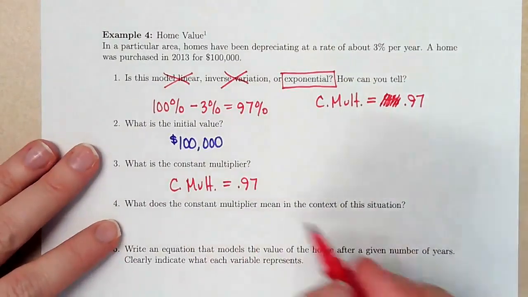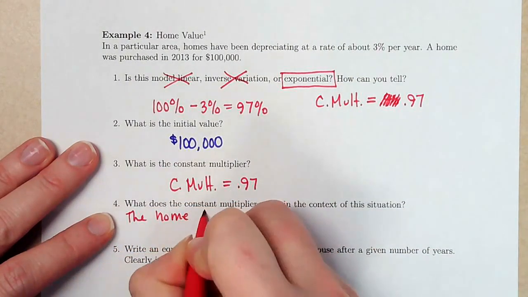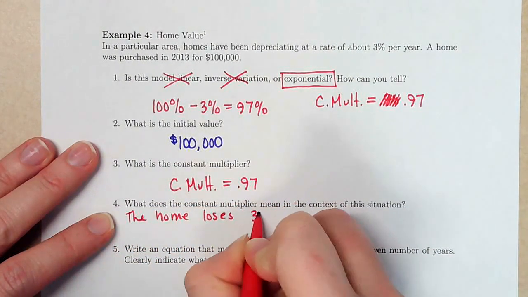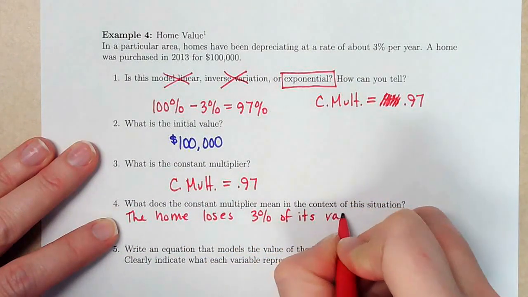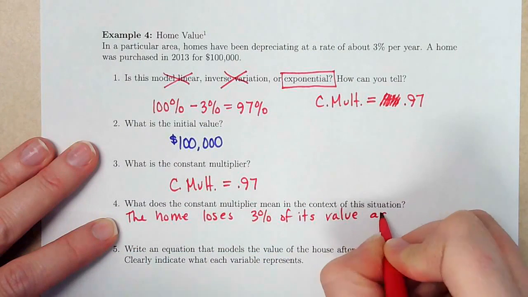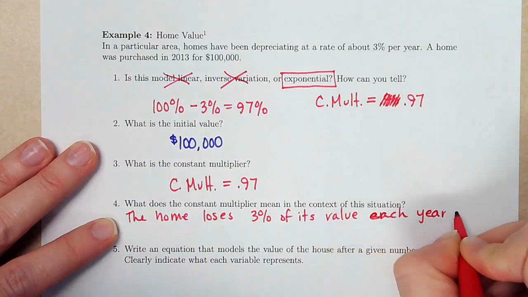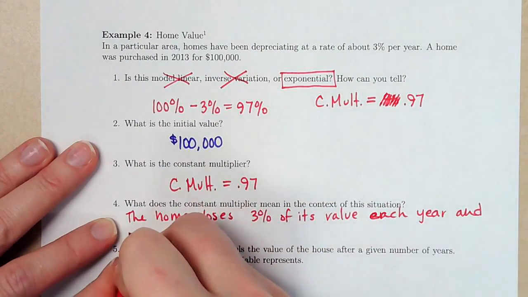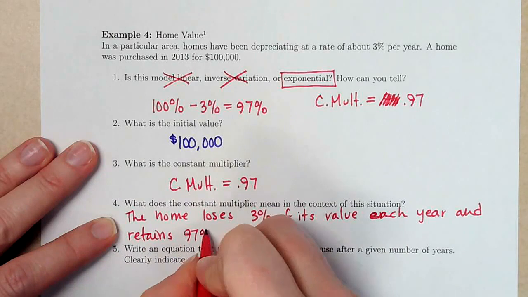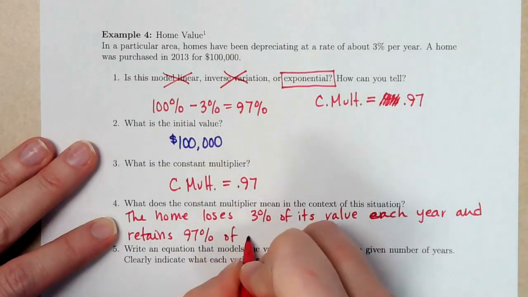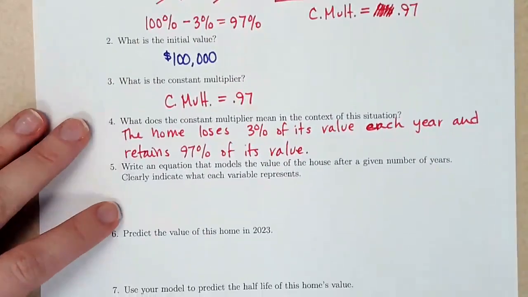It means the home loses 3% of its value each year and retains 97% of its value.